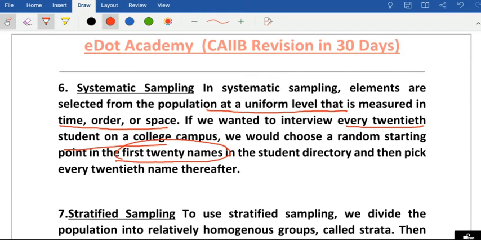That means how will we select every 20th? We start from one, and then after 20 it will come 21st, then again 20 more means 41, and again it becomes 61. In this way I started with 1, you can start with 10 also, then keep on adding. That depends on your system, how you want to follow the pattern. That becomes systematic sampling.